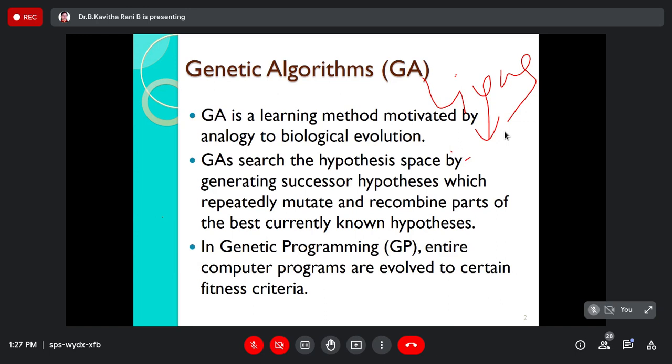By inspiration from nature, this was derived or mimicked, seeing different animals or different things, and deriving some basic characteristics and developing them into different forms of algorithms. Those are nothing but genetic algorithms.